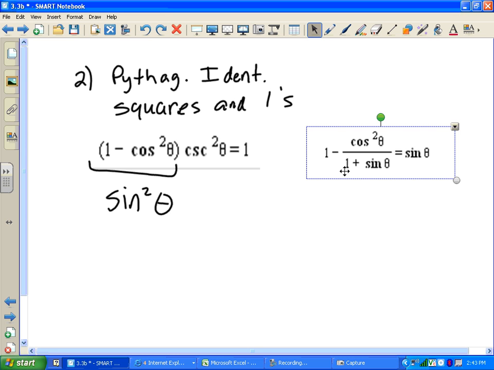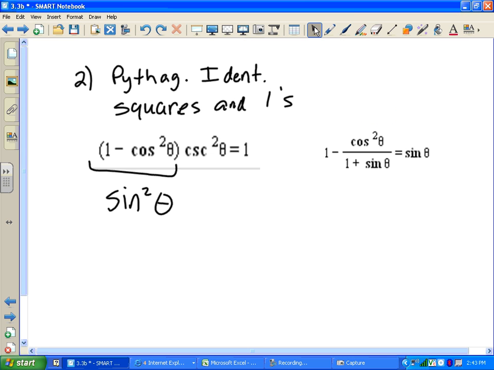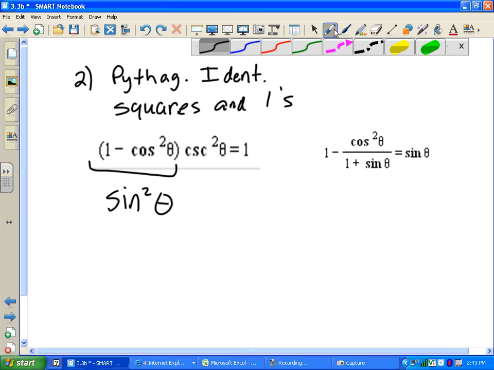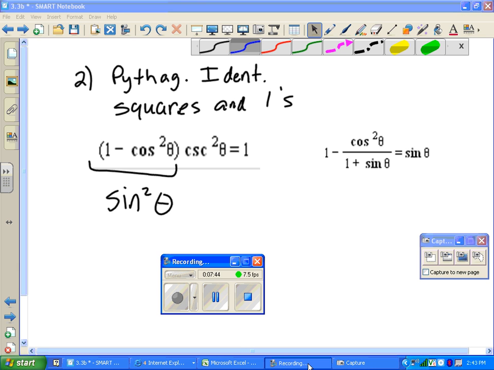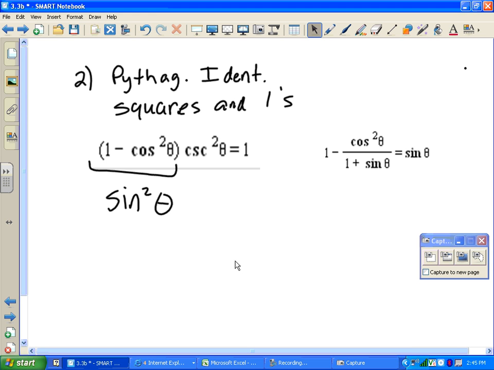Now, here's what I do see: I have a cosine squared there. Okay, so let's see what we can figure out about that cosine squared.